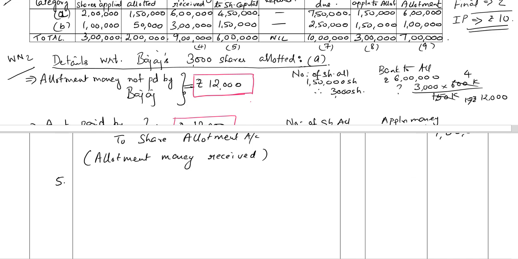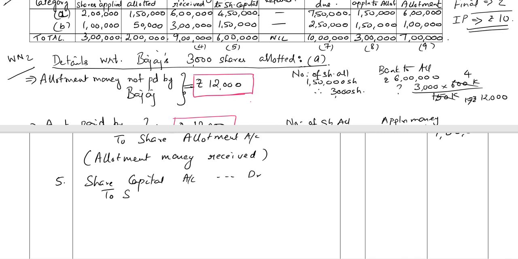The fifth entry, we will forfeit Bajaj's 3,000 shares. Share capital account debit, to share forfeiture account, to calls in arrears.